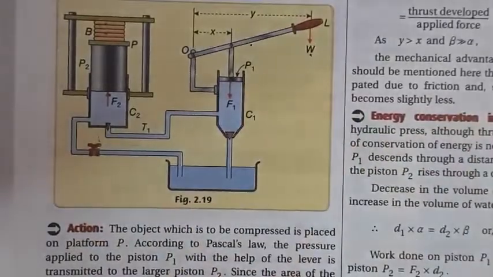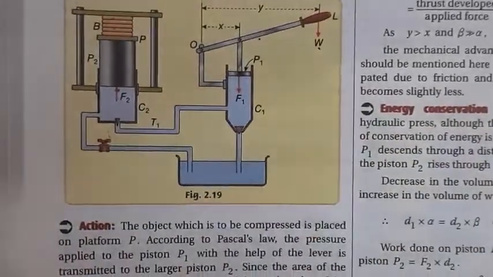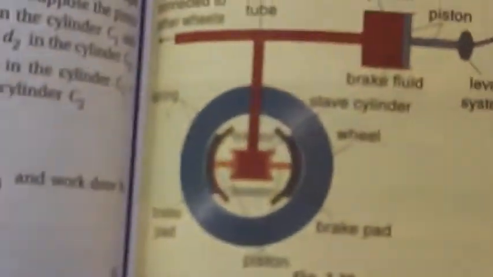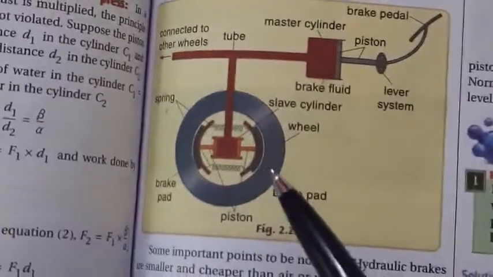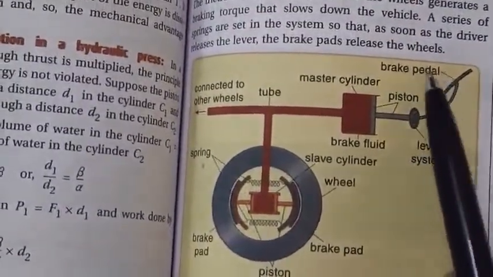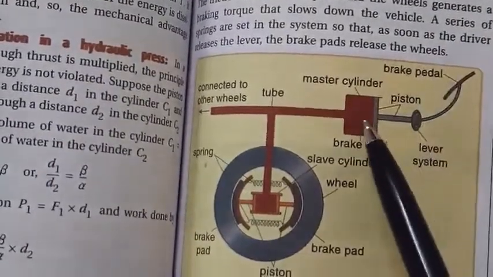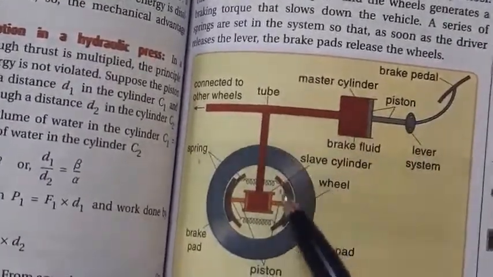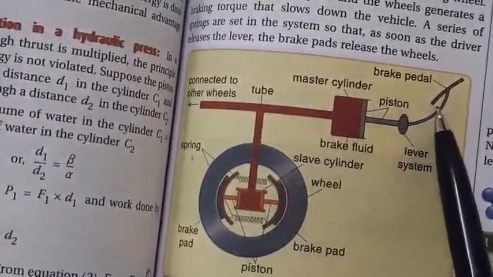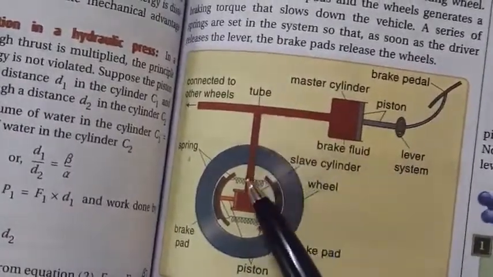I am going to show you another diagram, that of the hydraulic brakes. This is the brake pedal. You push the pedal, and oil is filled in these lines. This is one piston, this is another piston. When we push this, the oil moves into this.